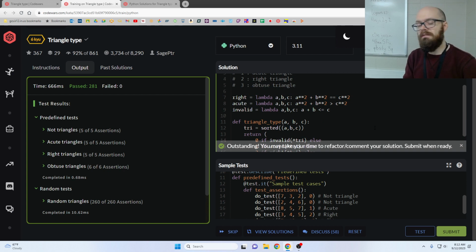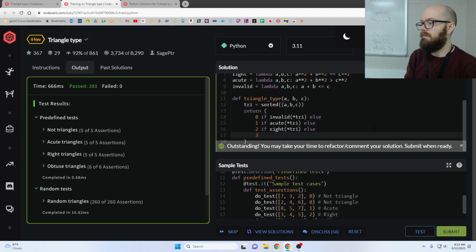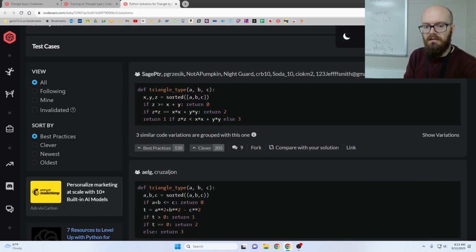What I always like to do on these is to look at the solutions from other people, because it may turn out that I missed something obvious, or that I just did something twice and could have shortened it. Let's see how they go. Alright, this person did the sorted, this person did the sorted, so you can tell that's going to be the first step in a lot of these, in order to make sure that we can compare the littles to the big as a part of most of these.